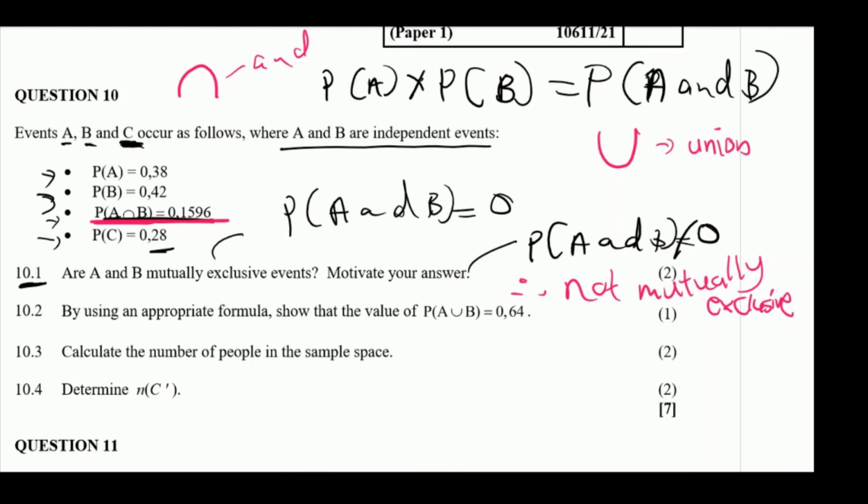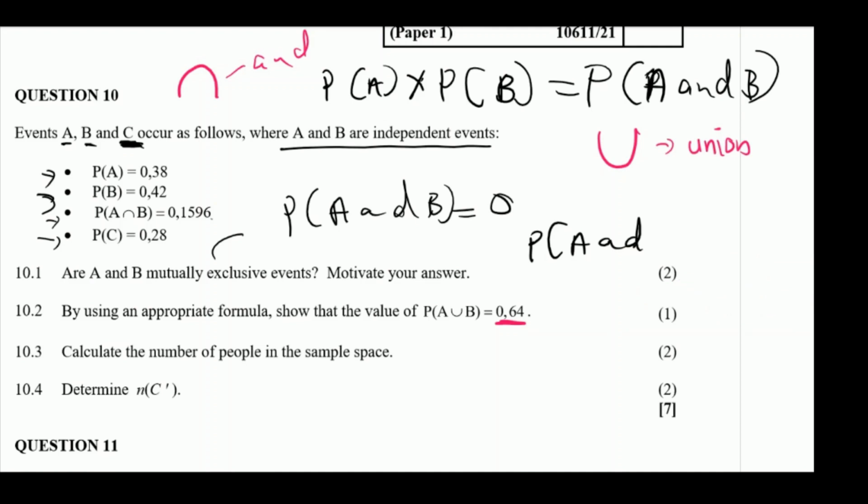Fine. So we are done with 10.1, and 10.2, by using an appropriate formula, show that the value of P of A union B is equal to 0.64. So we want to identify the union of A and B now. We already have the intersection.